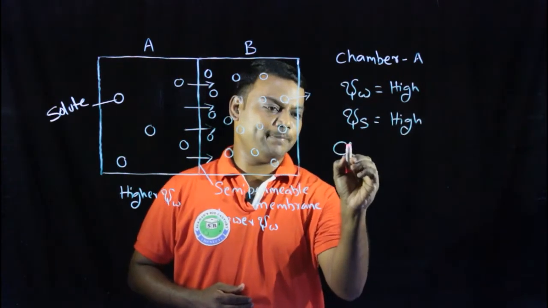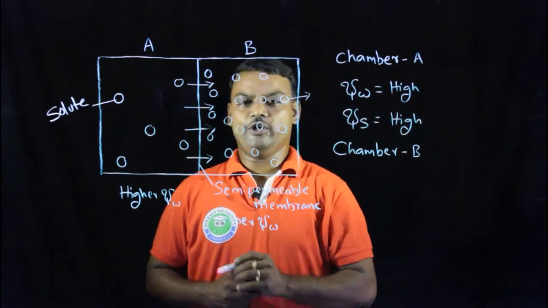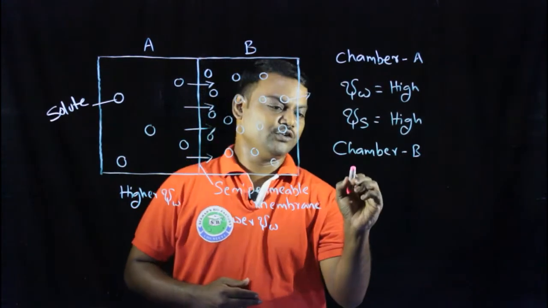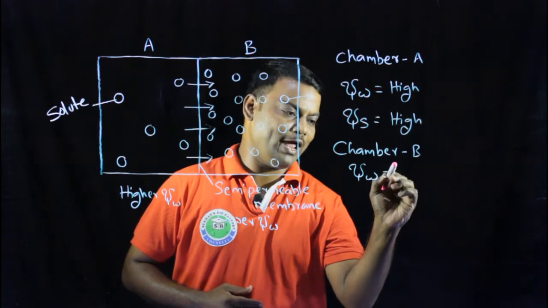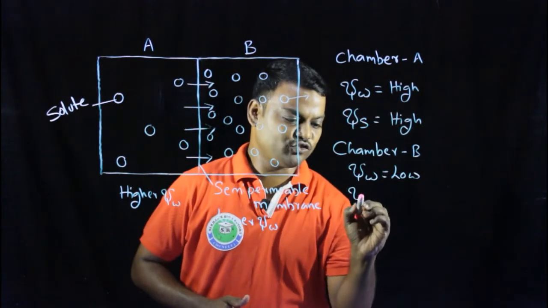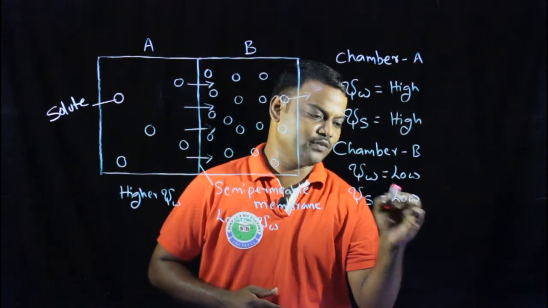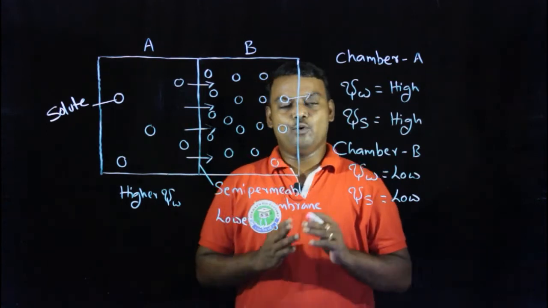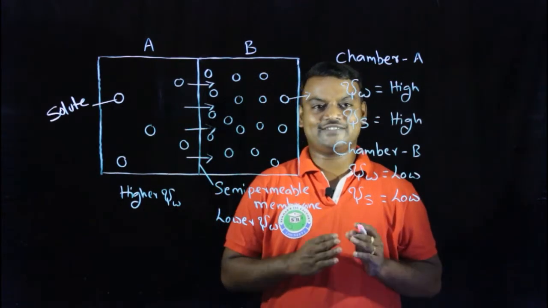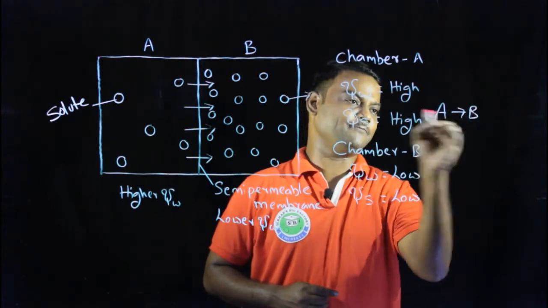Taking chamber B, when you take the water potential value, this water potential value is low. In a similar way, the solute potential is also low. In such condition, the movement of water always takes place from chamber A to chamber B.